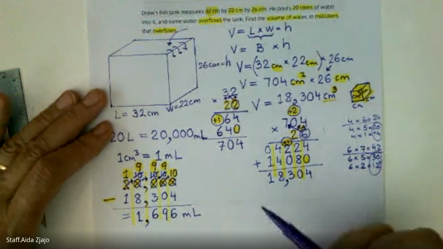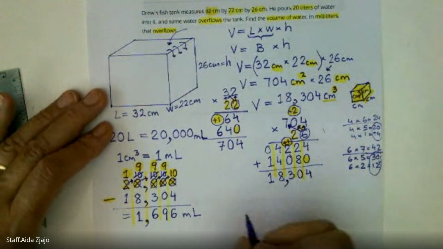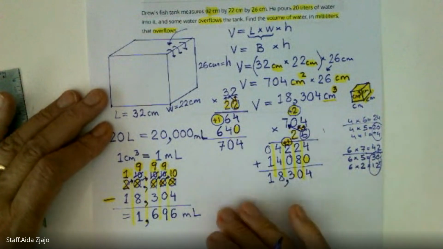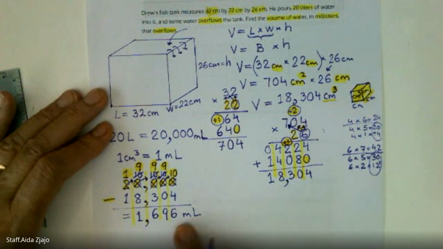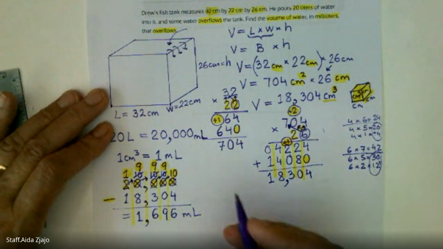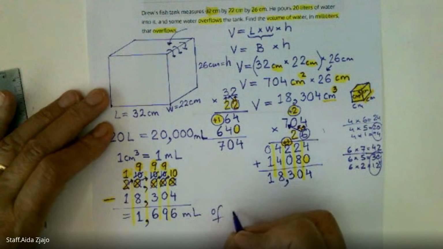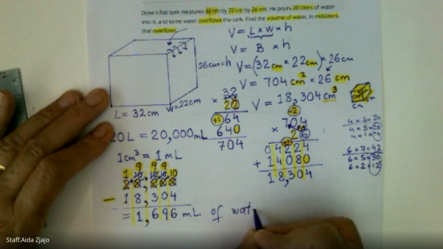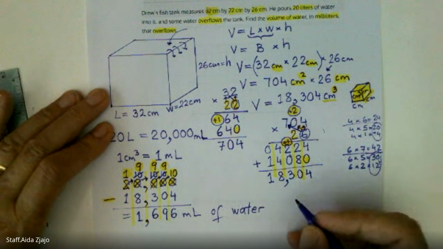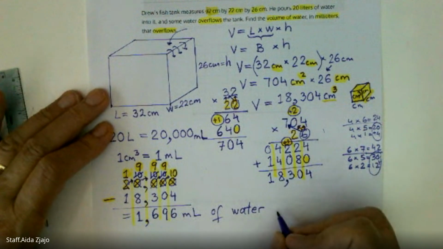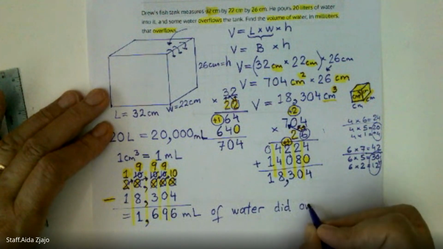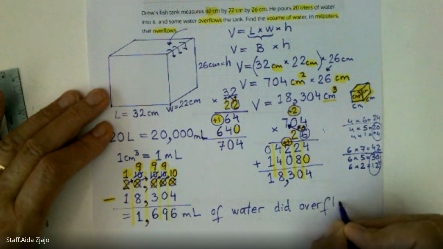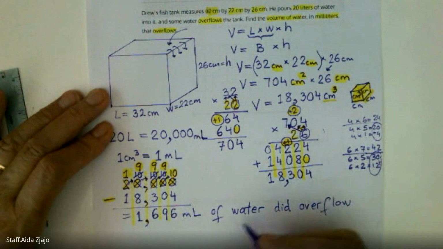So we can say 1,696 milliliters of water did overflow the tank.